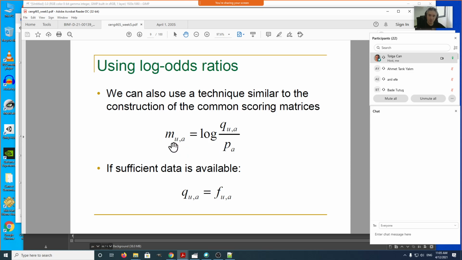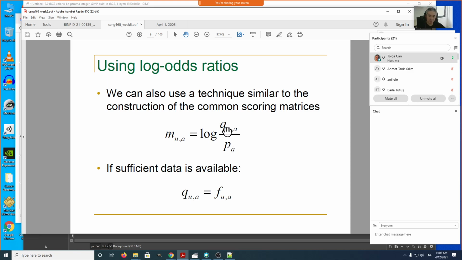So it's saying, what is the match score or mismatch penalty of aligning A to column U of that profile? If you look at this, it says how much that amino acid occurs in your profile, or in nature. This Q_UA is the observed occurrence of A in that column. If that A occurs more frequently than random, so P_A is just the random occurrence of that amino acid A, wherever, in whatever index or position.